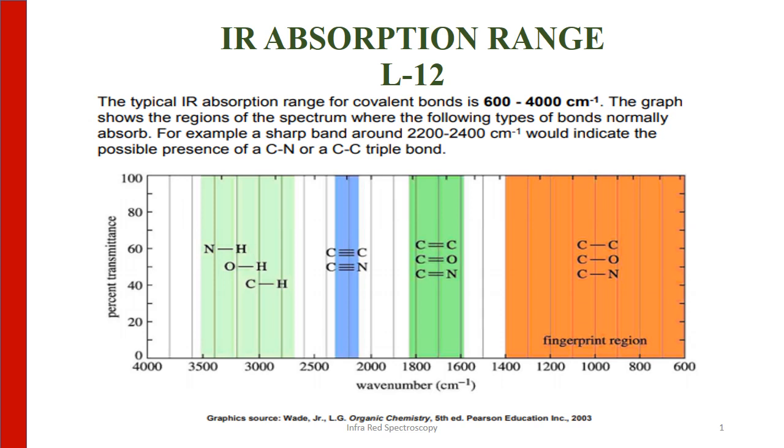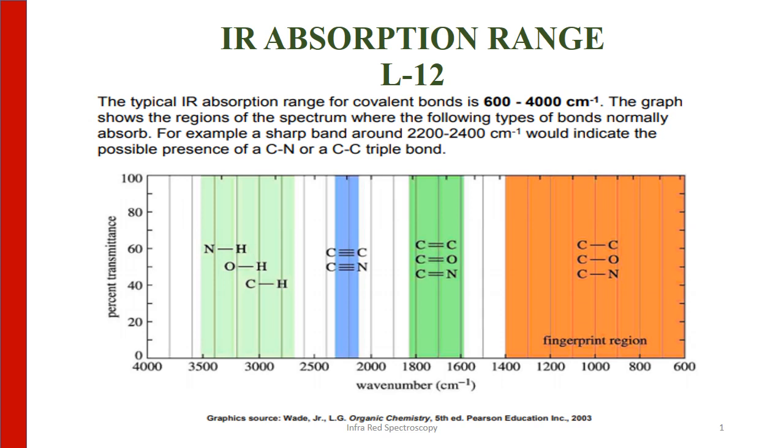By using their stretching or bending vibrations, we can identify the presence of a functional group. In the typical IR absorption range, covalent bonds absorb from 600 to 4000 wave number, and the graph shows the regions of the spectrum where the following types of bonds normally absorb.